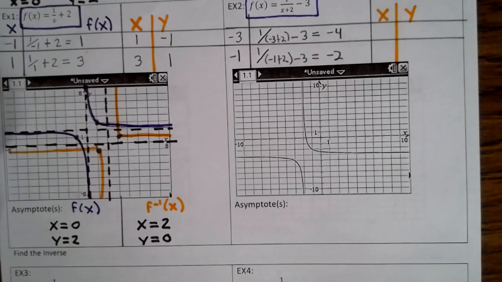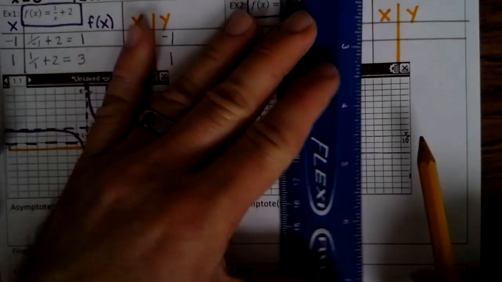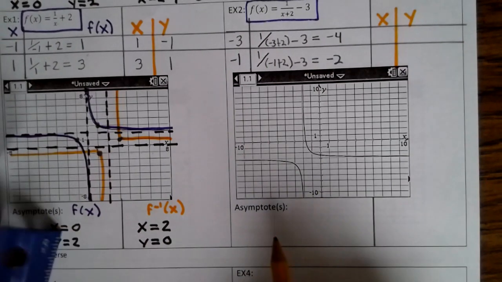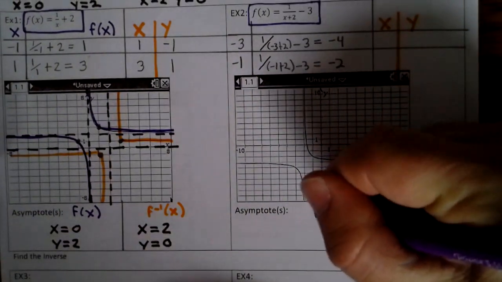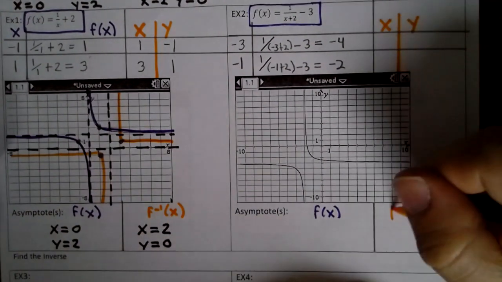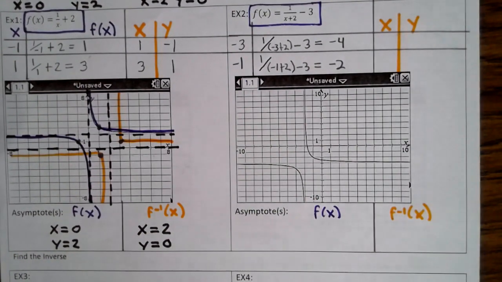Now in the last example, I put the examples on the top, but I didn't realize that I already left space for the asymptotes here. So let's do the asymptotes here. So f of x and f inverse of x. All right. So here for the x asymptote, well, negative 2 plus 2 is 0, so 1 divided by 0 is undefined.